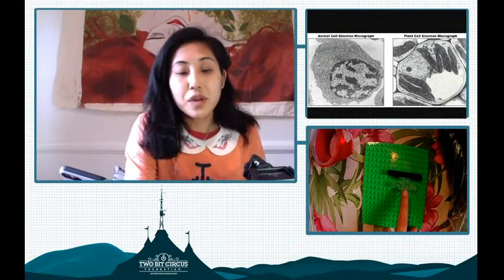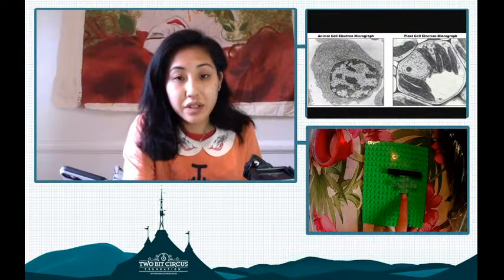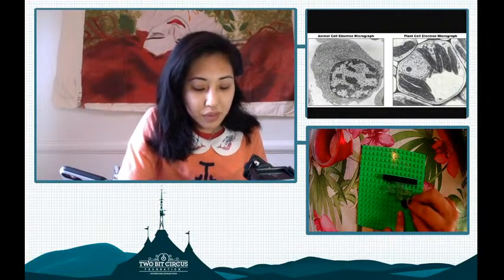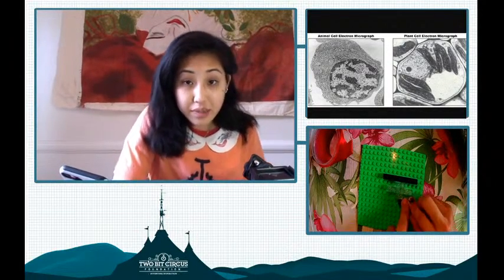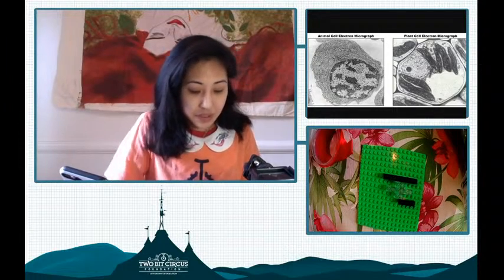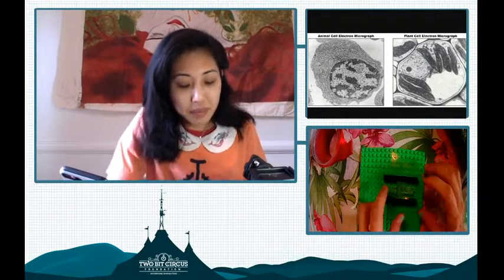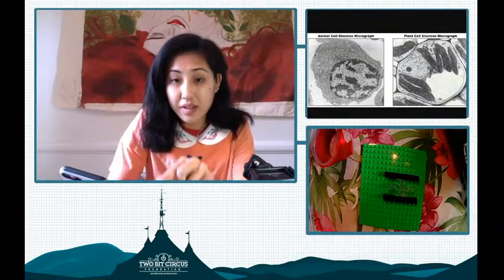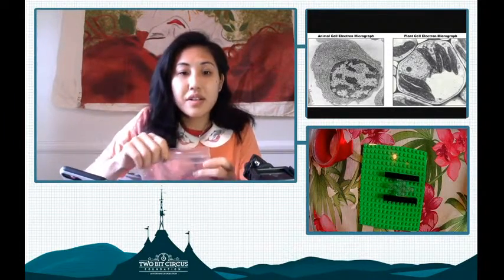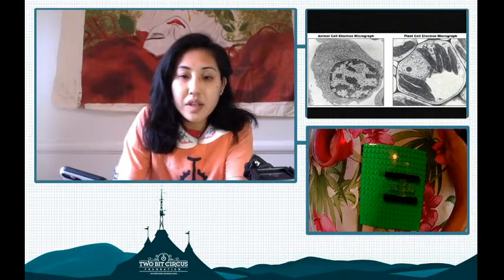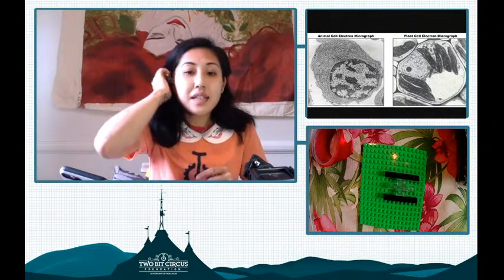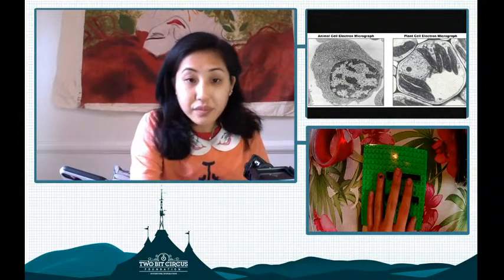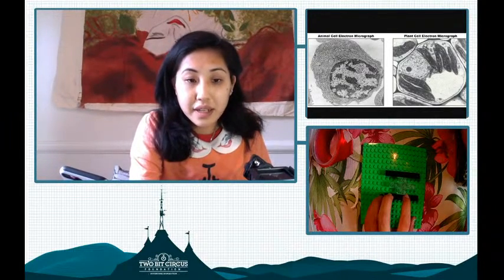Nucleus, as we said before, holds all of the DNA material and such inside of it, while this rough endoplasmic reticulum that I am building right now with the black ones are proteins that are synthesized into ribosomes, so they collect this reticulum for transport throughout the cell, which is what that is right there.